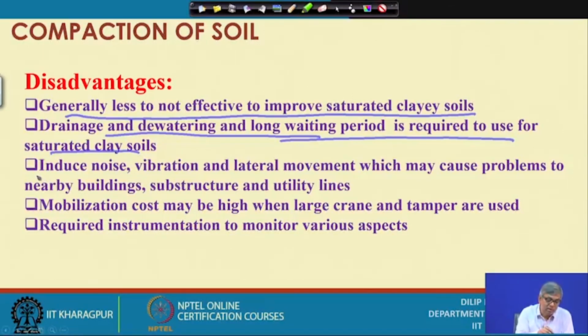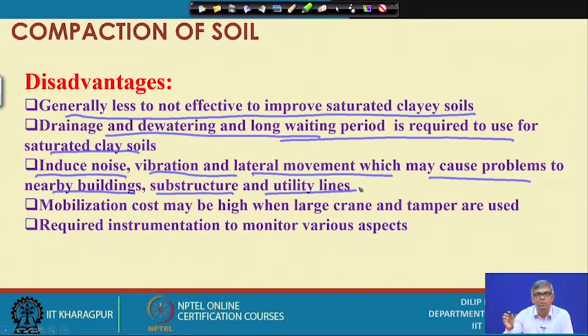And another most important disadvantage is induced noise, vibration and lateral movement, which may cause problems to nearby buildings, structures and utility lines, and also neighboring people. Sometimes if you do this type of operation, the entire locality will be vibrating and people may complain. So that is another major disadvantage for this method.